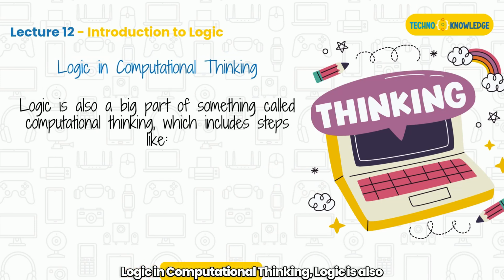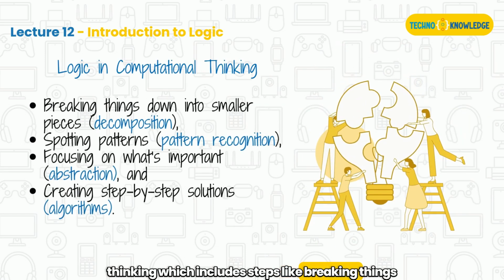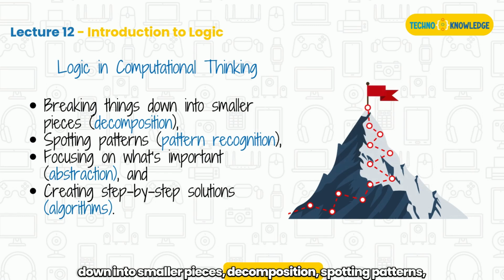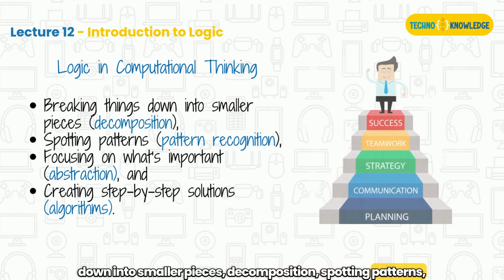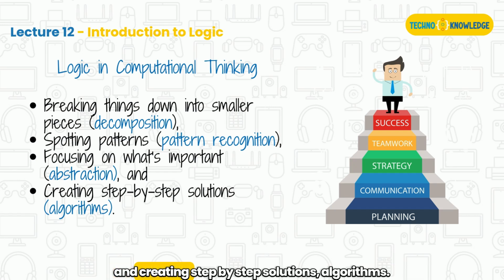Logic in computational thinking. Logic is also a big part of something called computational thinking, which includes steps like breaking things down into smaller pieces, decomposition, spotting patterns, pattern recognition, focusing on what's important, abstraction, and creating step-by-step solutions, algorithms.